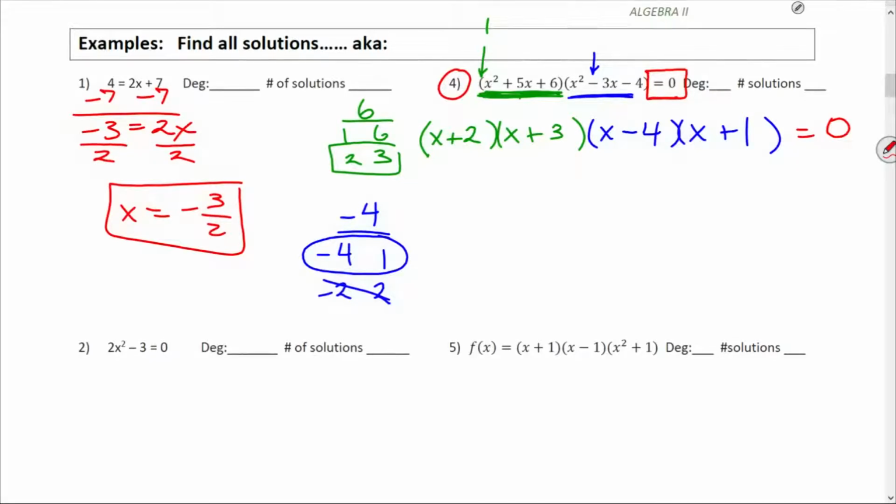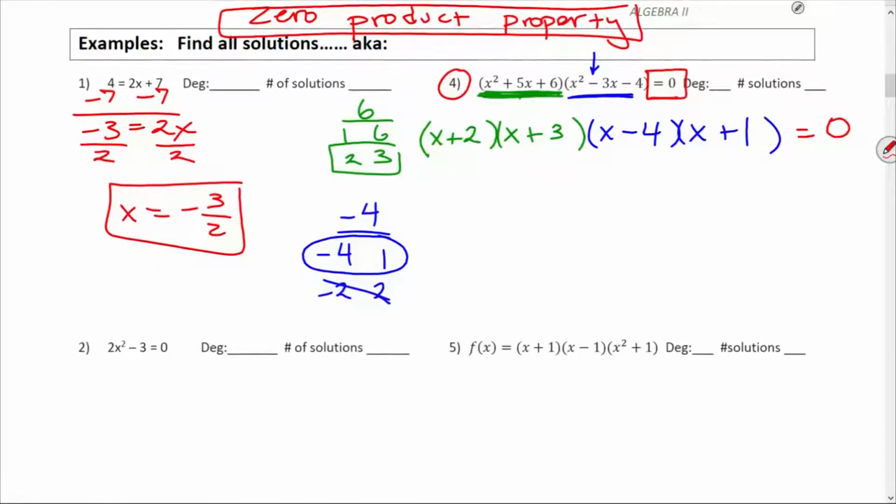All right, so the next idea, before we can do this next and last step, is what's called the zero product property. The zero product property is the idea that 0 times anything is 0, and that's super useful for us right now.